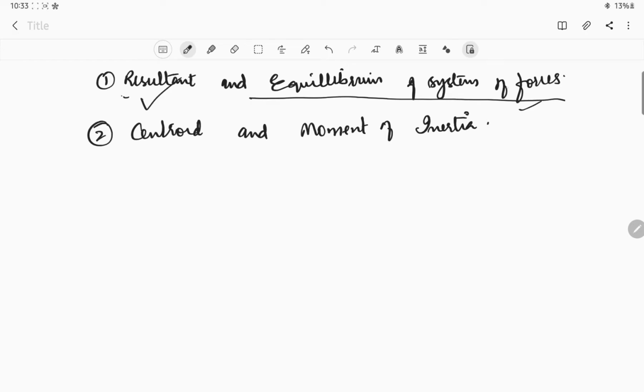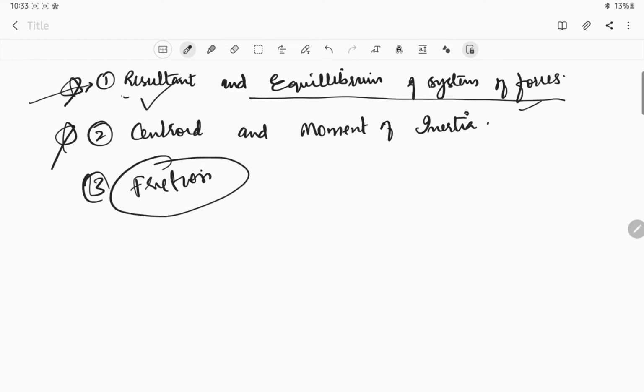So I request all the students to be thorough in the earlier units, so that then only will they be able to understand the third unit, that is friction.